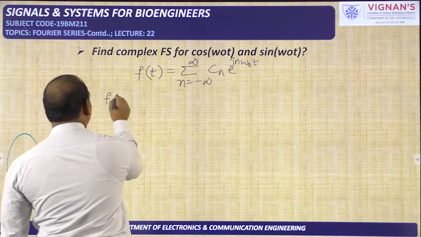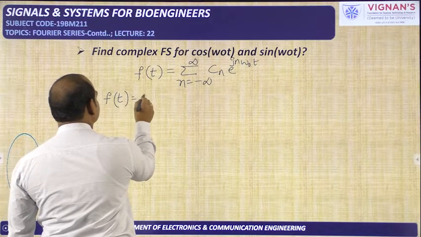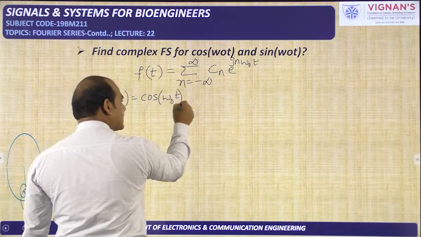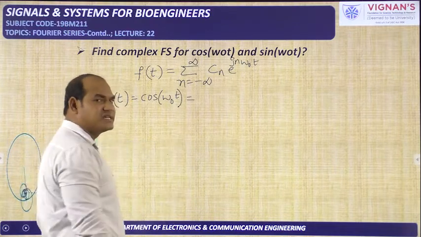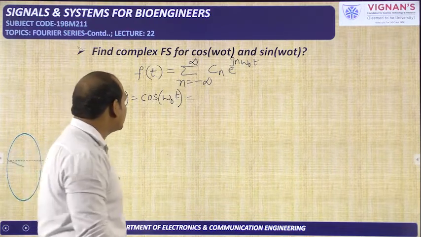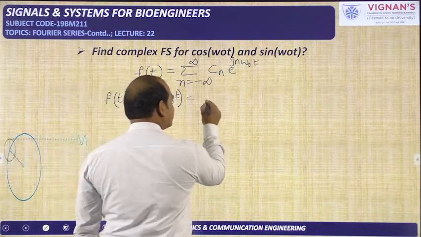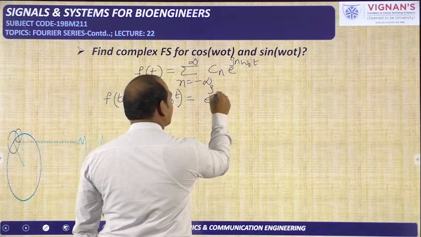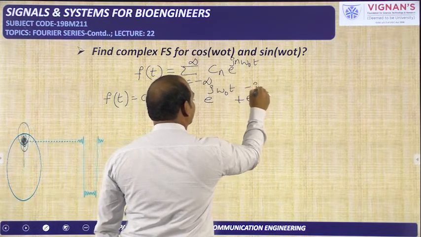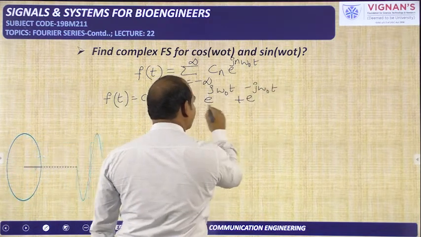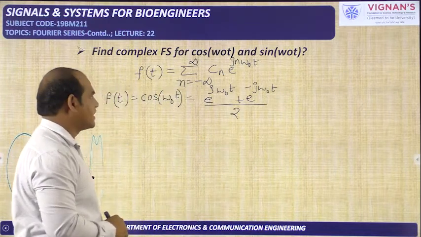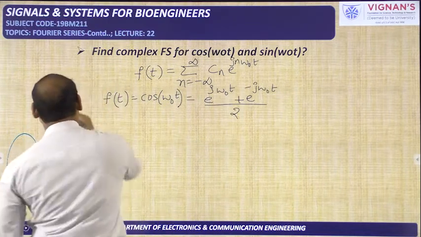Now our f of t is cos omega naught t, and we know that cos theta can be written as e power j theta plus e power minus j theta by 2. So cos omega naught t is e power j omega naught t plus e power minus j omega naught t by 2. This is from which formula?